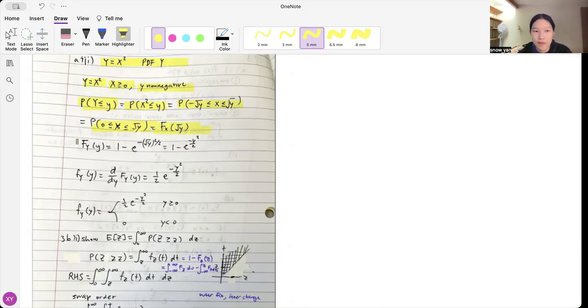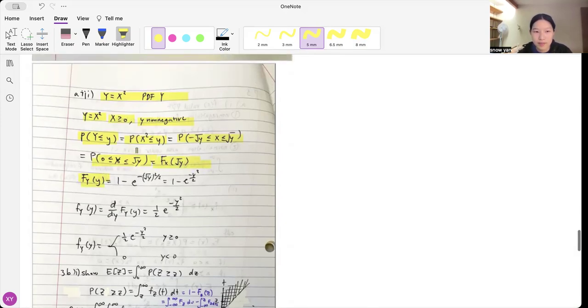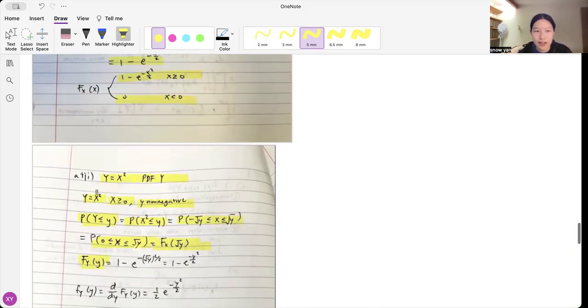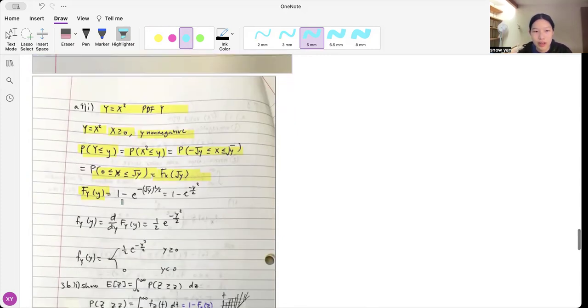So then our F of y is equal to plugging in from our earlier expression of F of x. Where is our F of x expression? 1 minus this thing over here, like this here. We just put that in, replace that x with square root y, and we get this expression. We slightly simplify that and we get this.